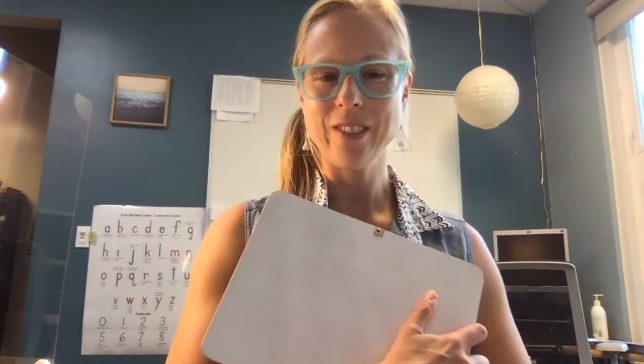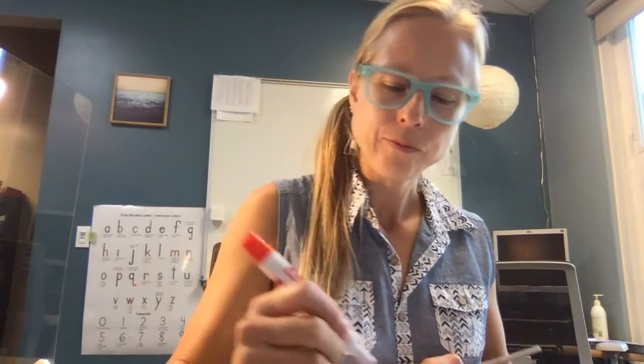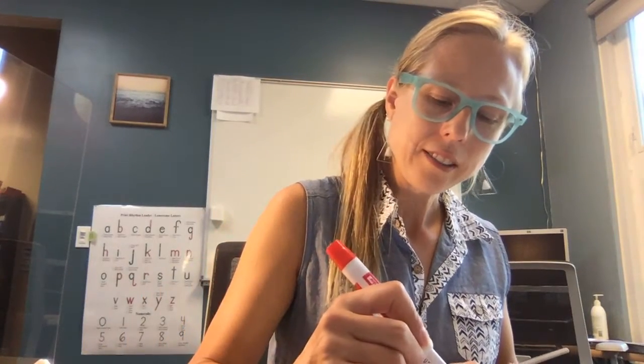Excellent. So the next part that we do is get our dry erase board, okay, and our red marker. And let's start by writing our word in the top corner. Ready? Write.